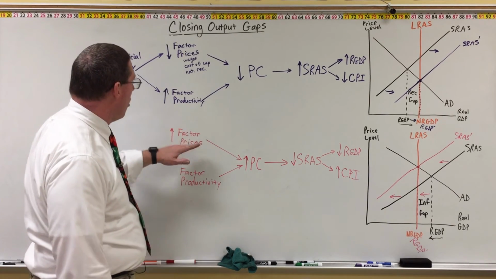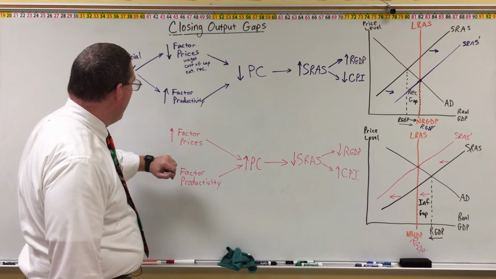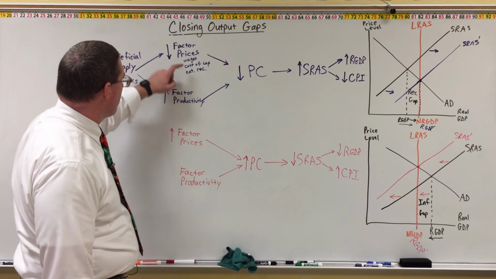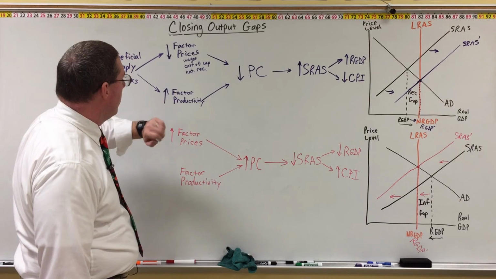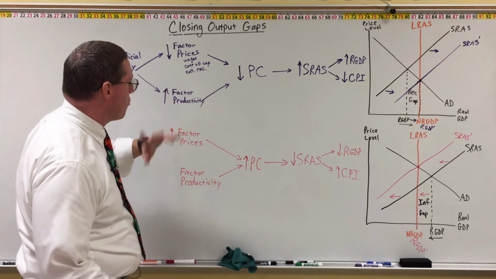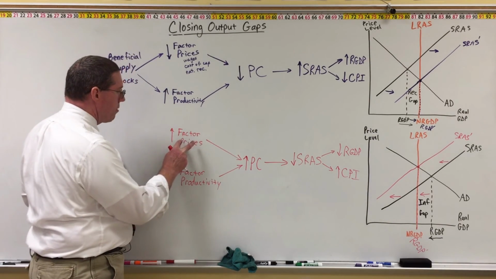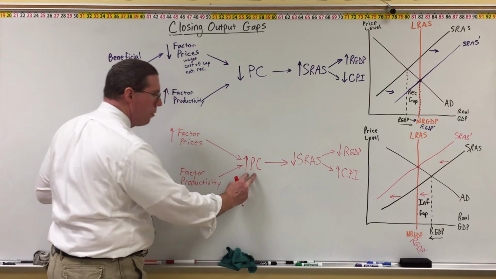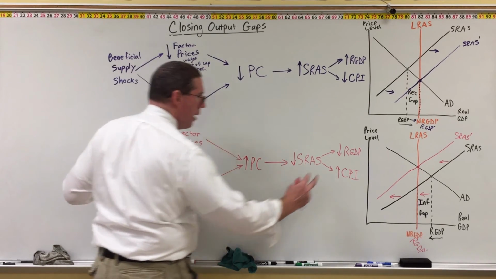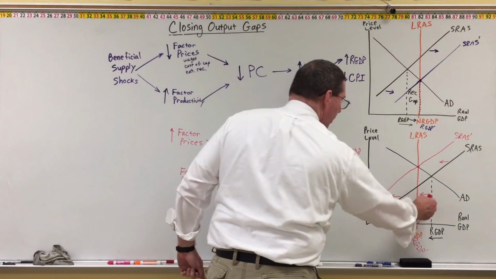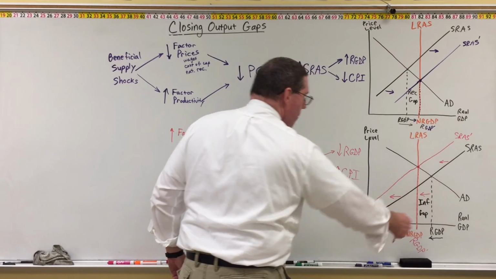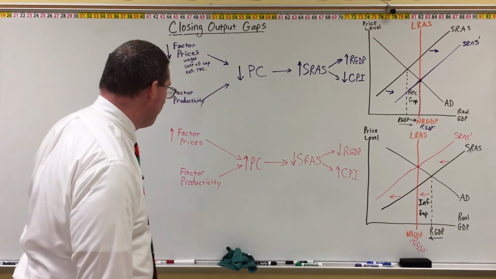Remember, factors are land, labor, and capital. And the words we use for factor prices are wages and cost of capital, and then we can just say prices of natural resources or land. If factor prices go up, it costs more to produce, short-run aggregate supply goes down, real GDP goes down, the inflationary gap closes, and we go back into long-run equilibrium.